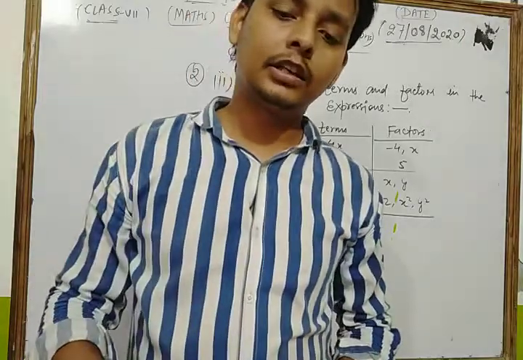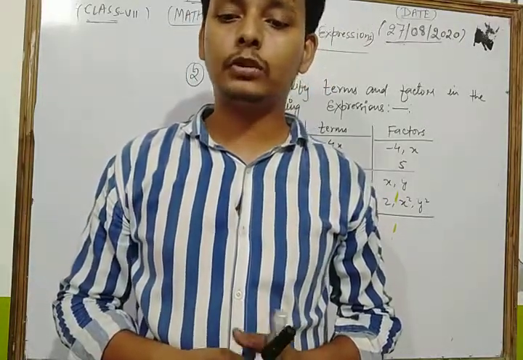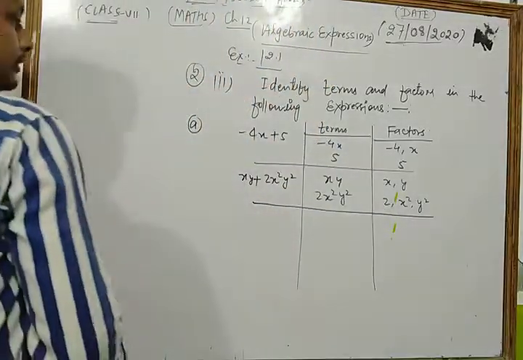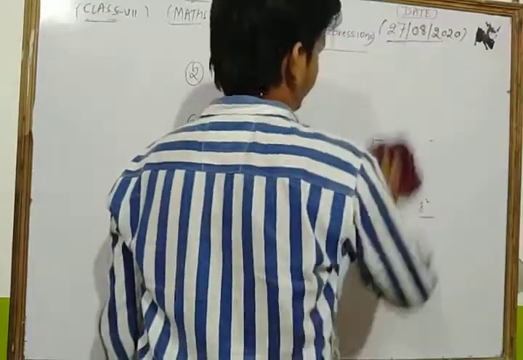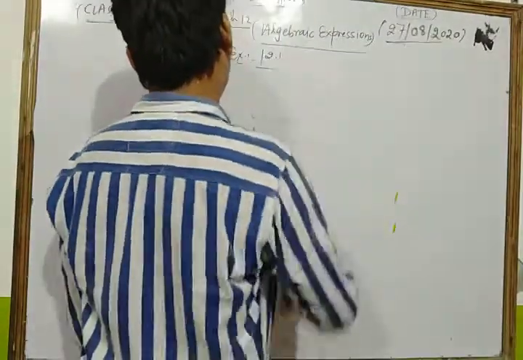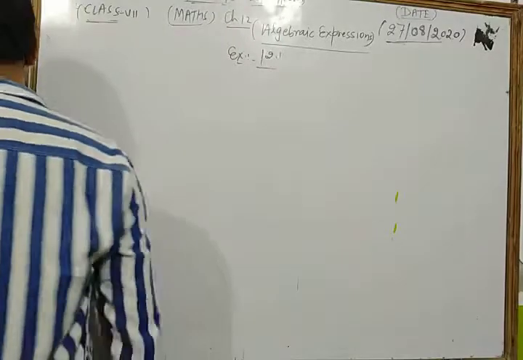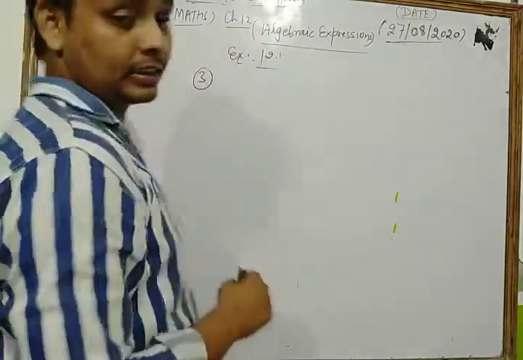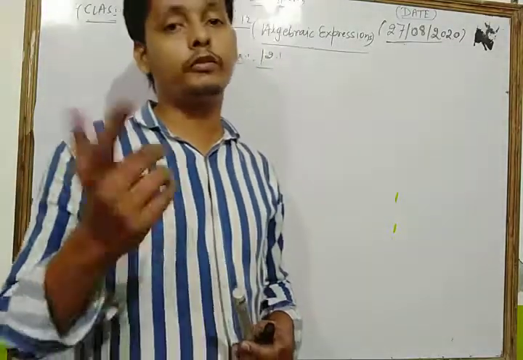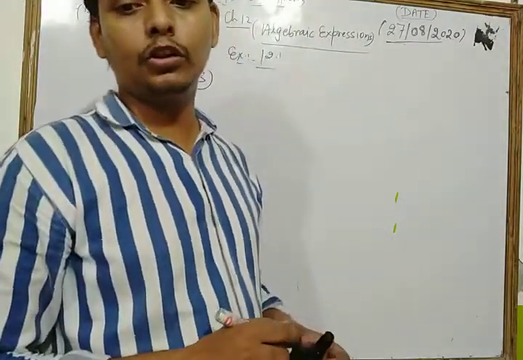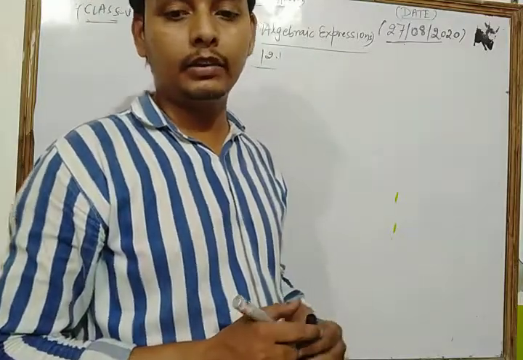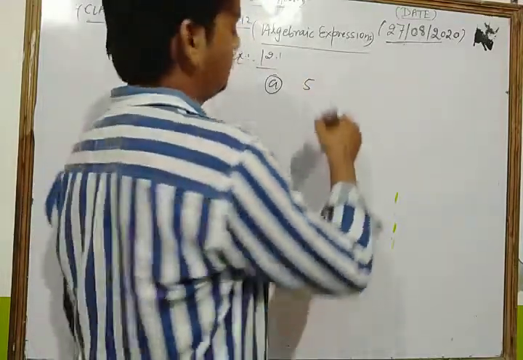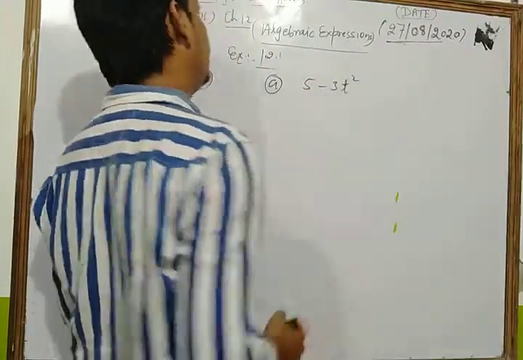Let's see. Dear student, in the third question: identify the numerical coefficient of terms other than constant in the following expressions. Let's take and solve that type of question. The first algebraic expression is given as 5 minus 3t square.